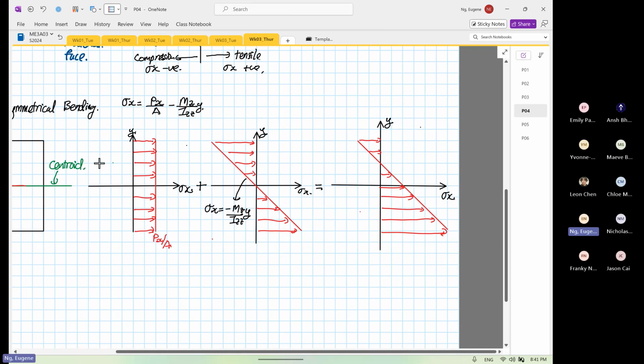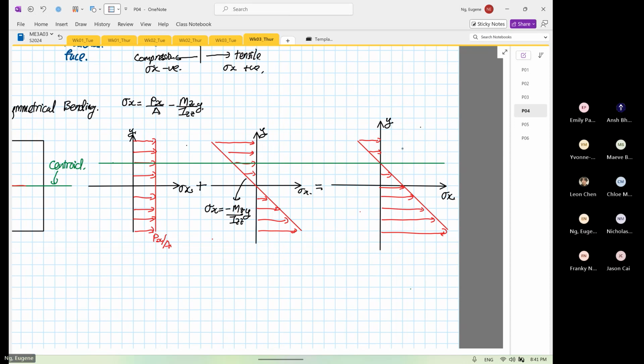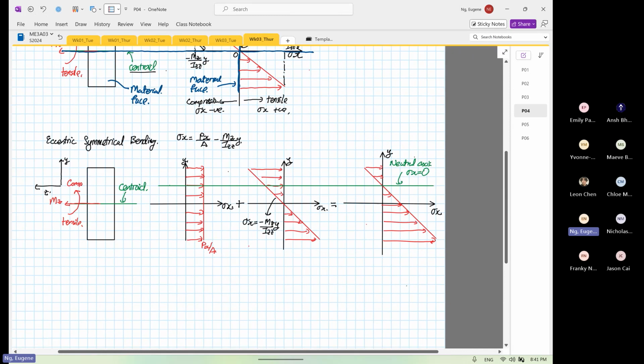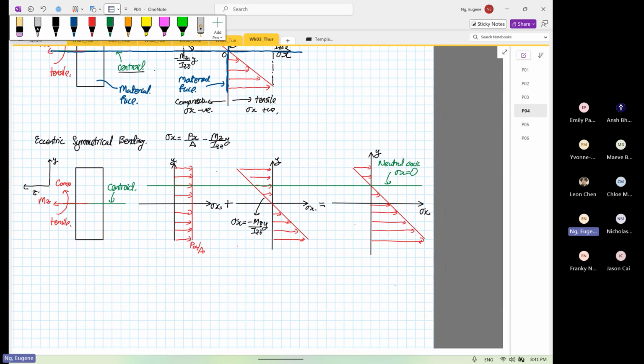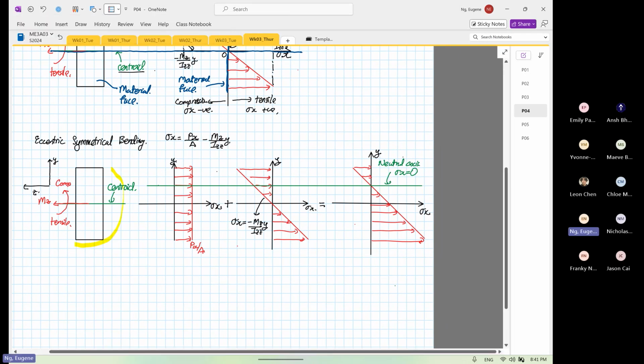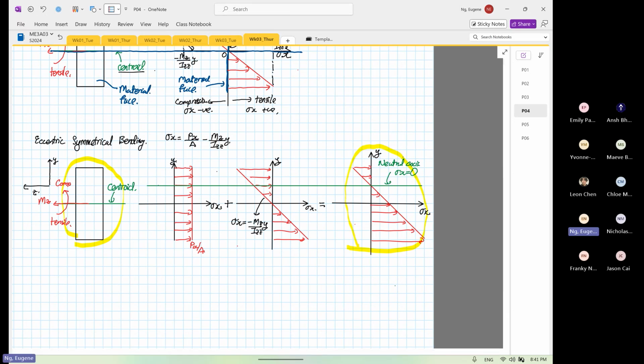This is the position of our neutral axis, where stress X is equal to 0. So the common thing about these two diagrams, one diagram here, one diagram here, is the y-axes are in the same orientation.